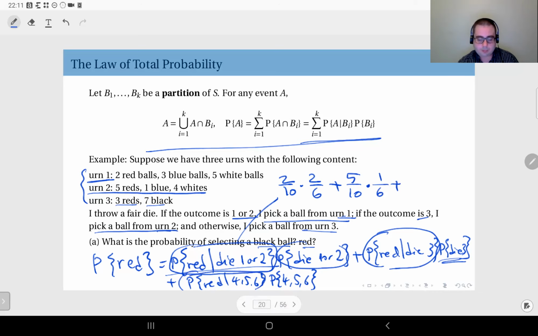In this case, I'm using urn number 3, so the probability of red is 3 divided by 10 times the probability of 4, 5, 6, that is 3 over 6. So this is 4 plus 5, 9, plus 9, 18, divided by 60. So this is the probability that I pick a red under this random experiment. You can do the others, the black, blue, white, etc. very similarly.